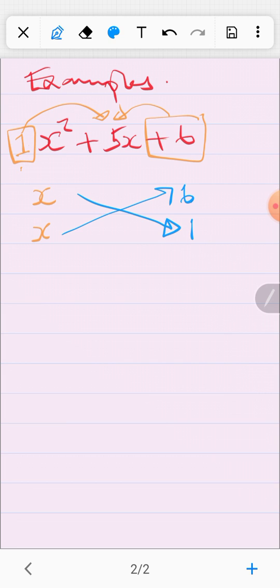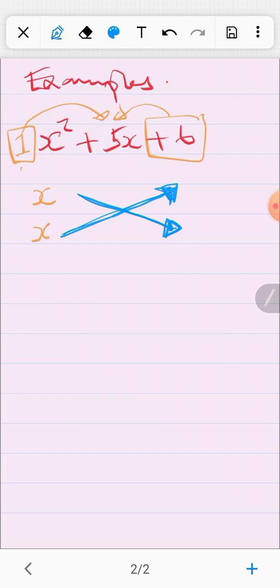If I take 6 times x, and I add it, we're always adding, 6 times x, and I add it to 1 times x, does that give me 5? Currently the answer is no, that doesn't give me 5. So the factors of 6, which are 6 and 1, will not help me.